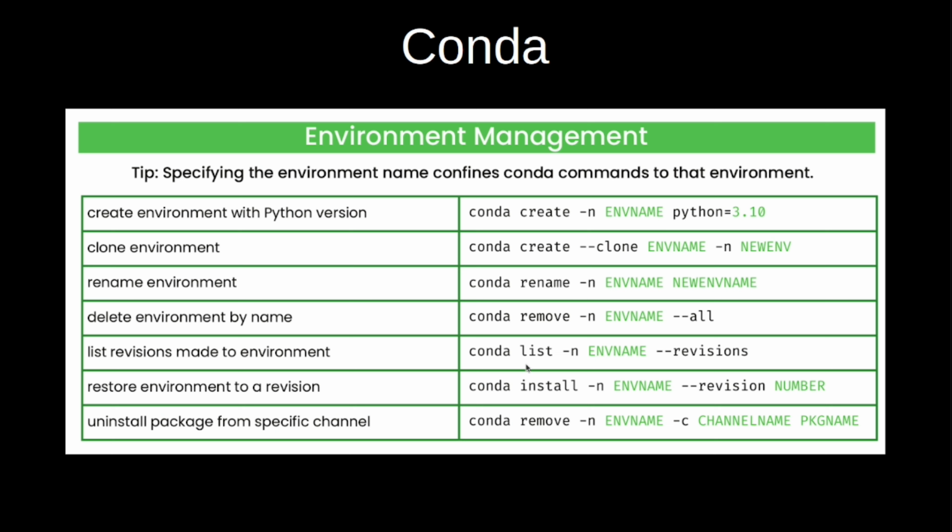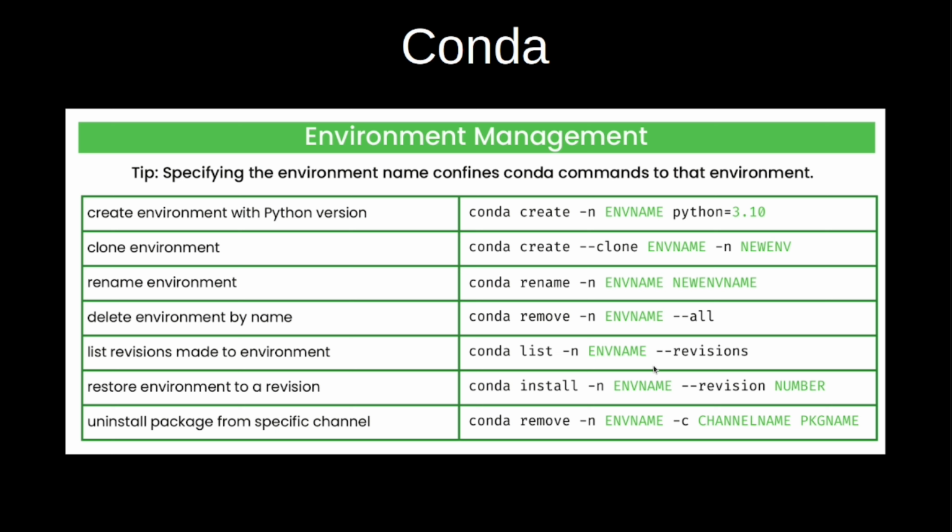You can also list revisions made to an environment. Any change you do to an environment, Conda keeps a revision of that transaction. So if you want to return or restore a previous state for that environment, you can use the Conda install, the name of the environment or the prefix along with the --revision number.